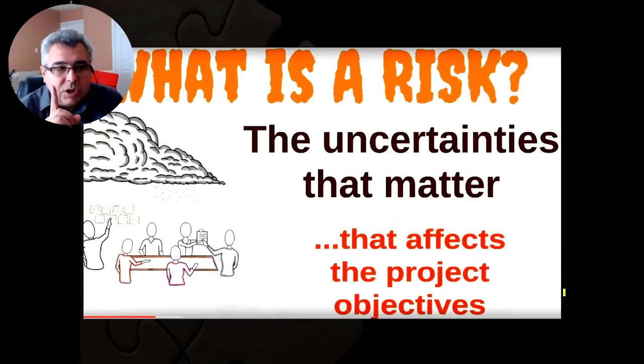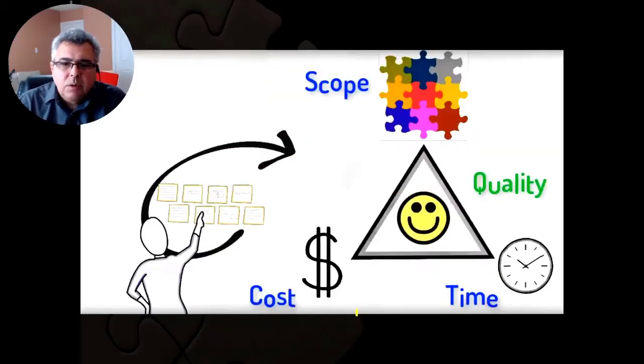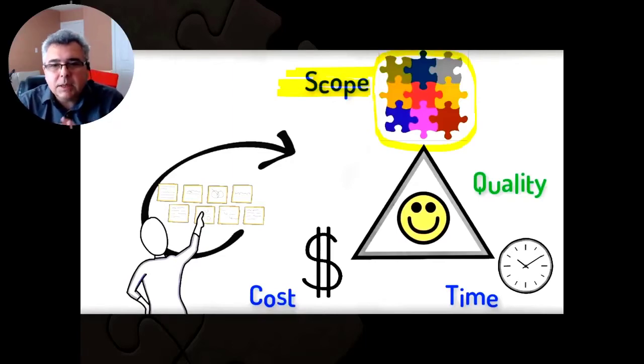Risks are uncertainties that matter, that affect project objectives. What kind of project objectives? Scope, if we are able to develop all the activities that we are planning and deliver all the features that you listed in the project charter, all the requirements, that is the scope.